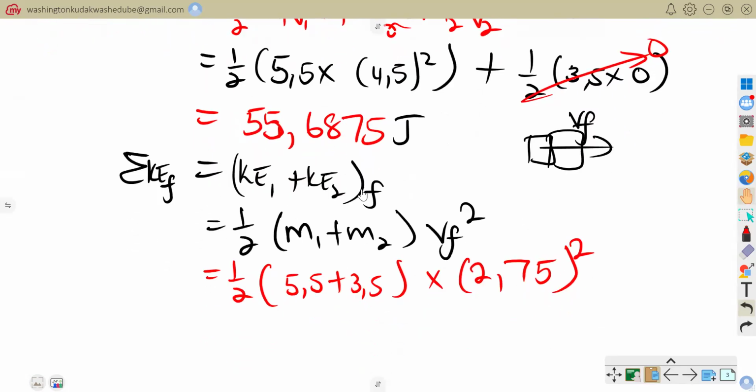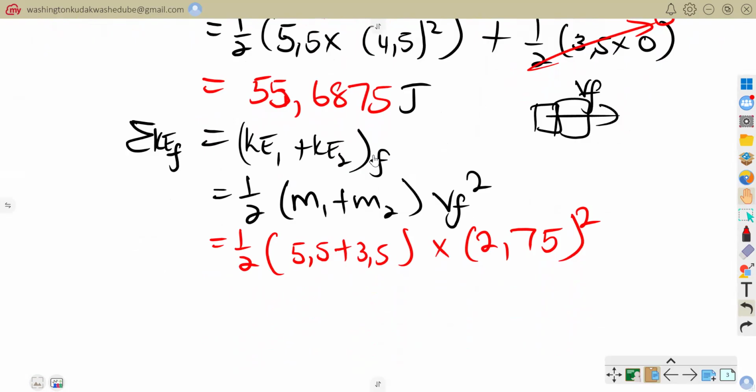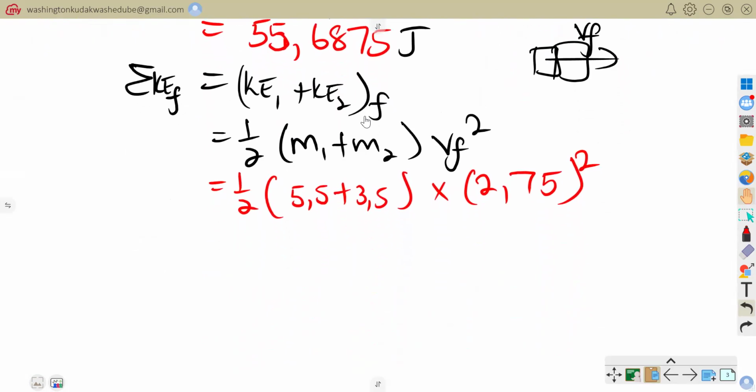Thereafter, I need to find the answer. So I'm going to use my calculator while you're also using yours: 0.5 times 5.5 plus 3.5 times 2.75 squared.